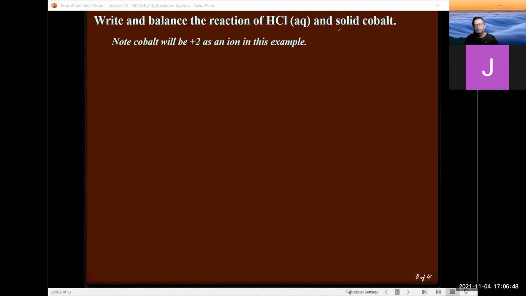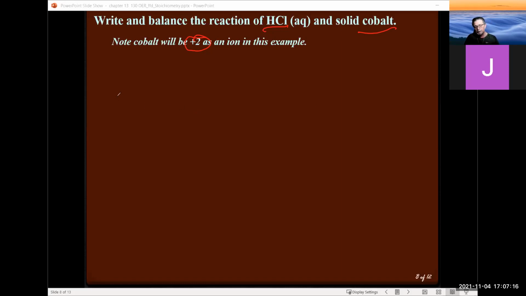We have HCl, cobalt. So we have to write this reaction first. Additionally, cobalt is not one of the sweet 16 metals. Remember we talked about those with a constant oxidation state? So we have to tell you what the oxidation state is, especially in this scenario. So in this case, cobalt, when it undergoes reaction, will be changed to a +2 oxidation number.